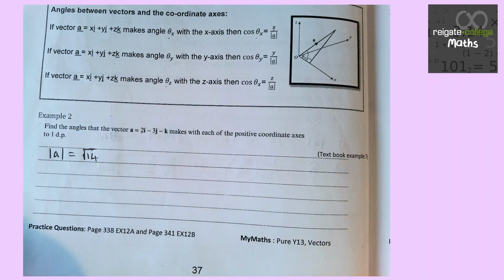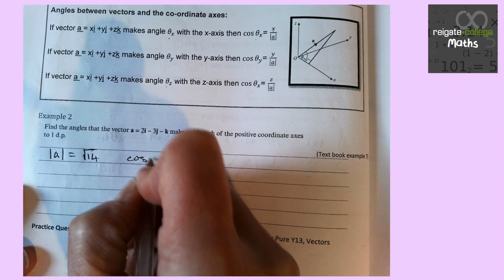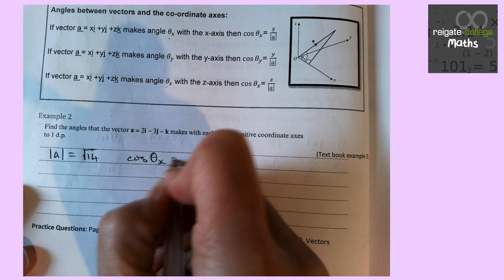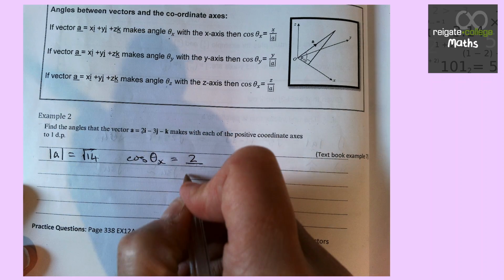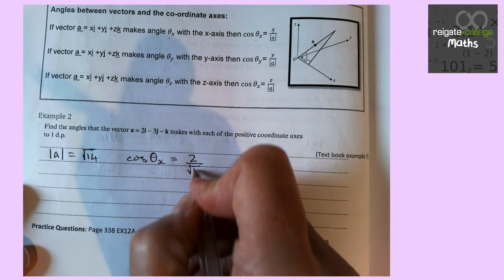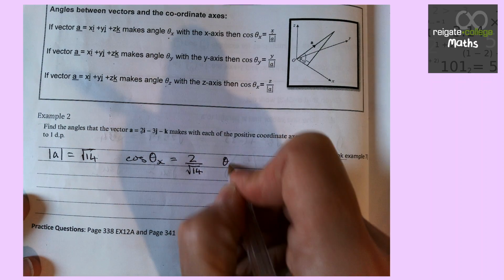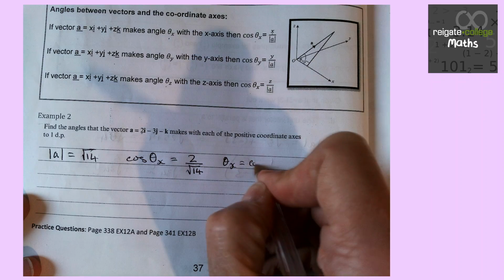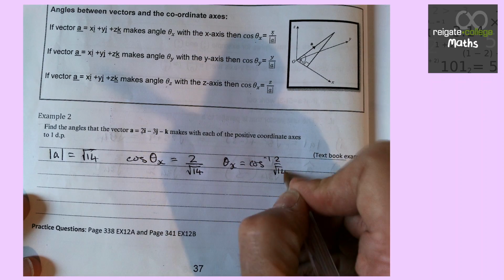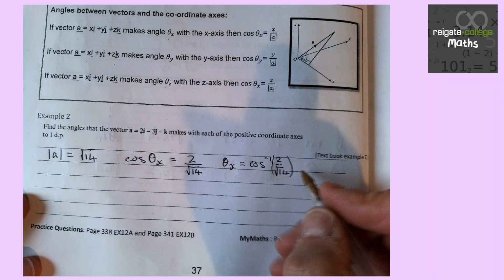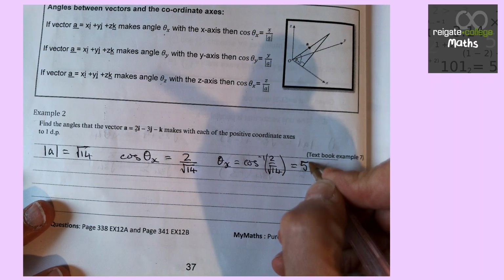So we can now say cos of theta x is equal to the x component, that's 2, over the magnitude, which is root 14. And then we can say that theta x is equal to cos minus 1 of 2 over root 14. We normally give these angles in degrees rather than radians, so this is 57.7 degrees.